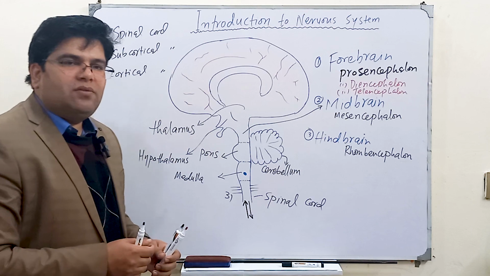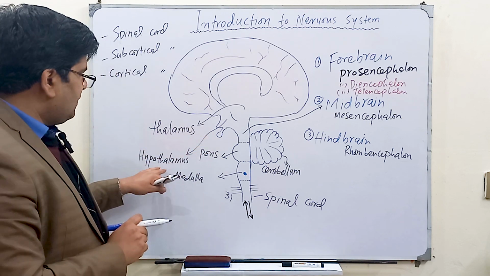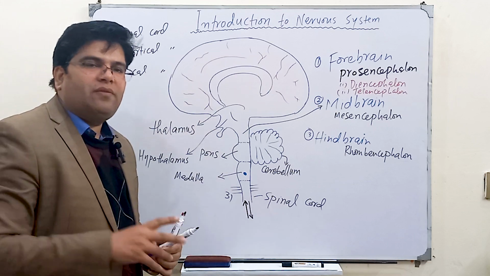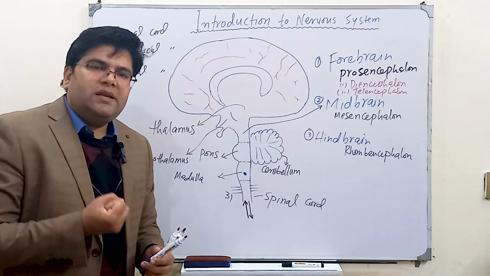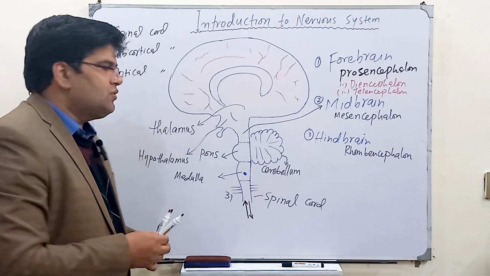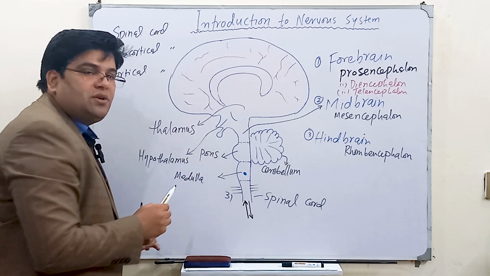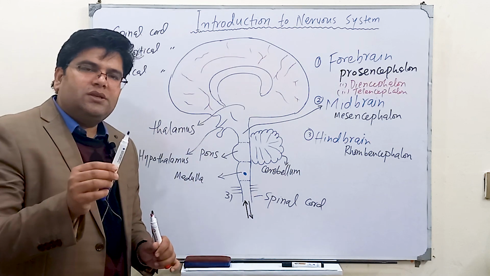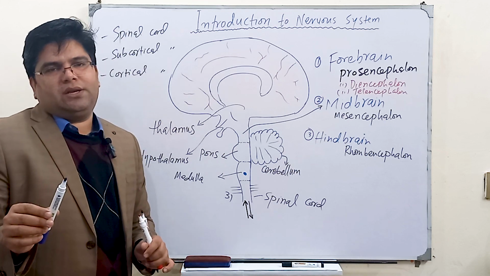Hypothalamus is connected with our pituitary by two ways. With the anterior pituitary, hypothalamus is connected through a vascular connection, through a portal connection. It picks releasing hormones and release inhibiting hormones from the hypothalamus, and those hormones travel along blood vessels to the anterior pituitary, and then the secretion of hormones from the anterior pituitary is either increased or decreased.